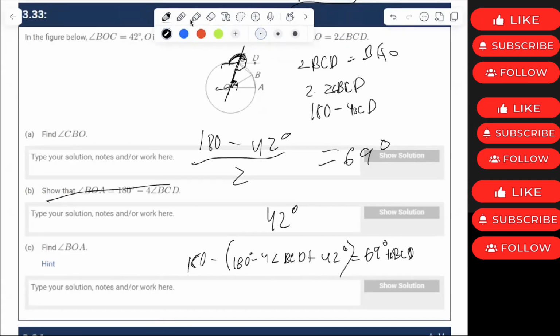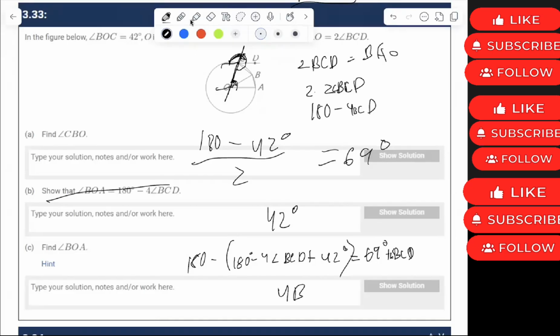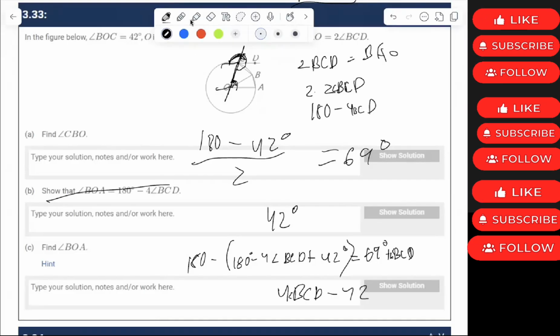From here, you can solve. That's just going to be 4 BCD minus 42 equals 69 plus BCD.